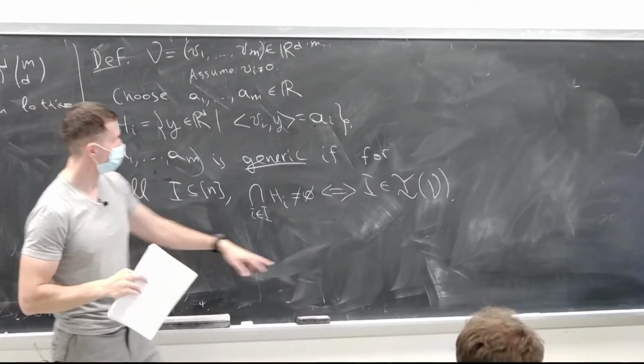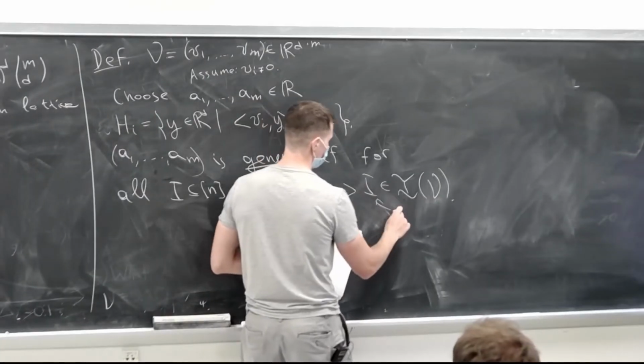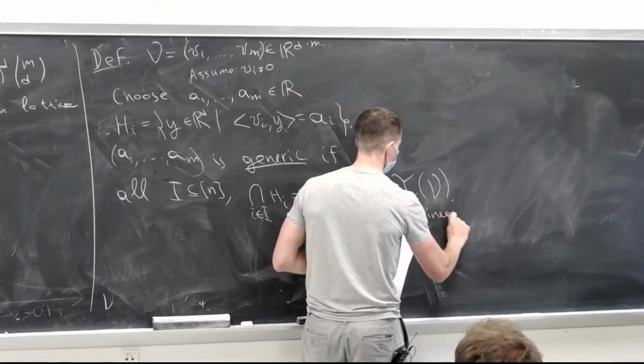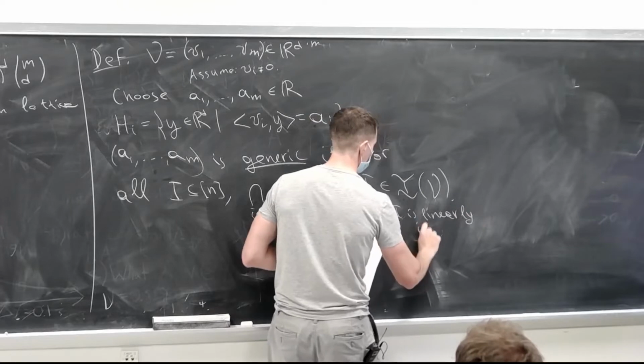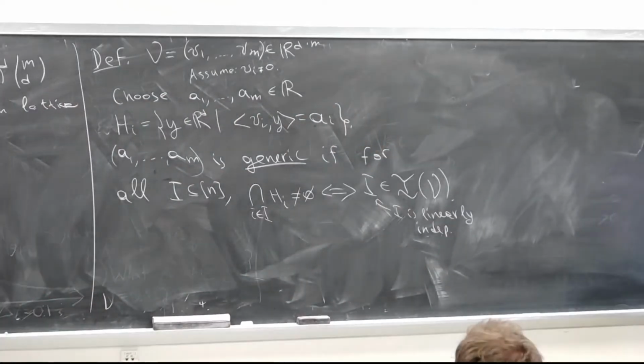I don't know if you remember this notation, but this means that vectors in I are linearly independent.